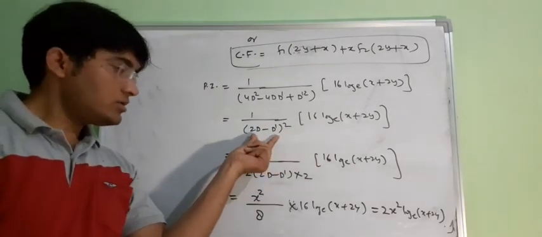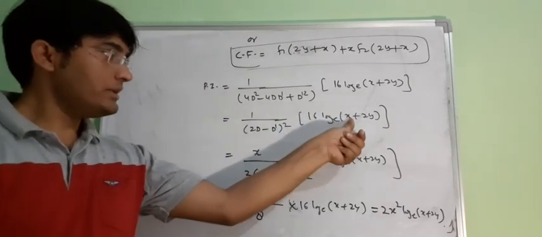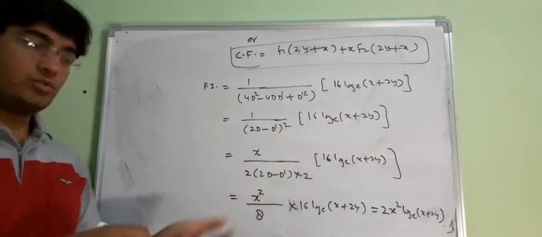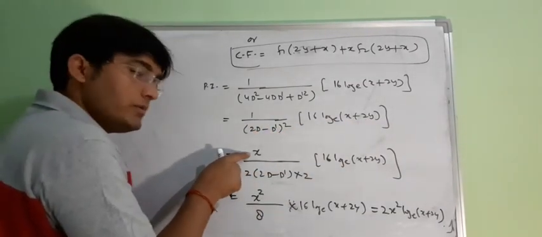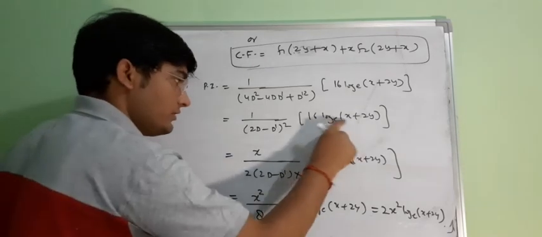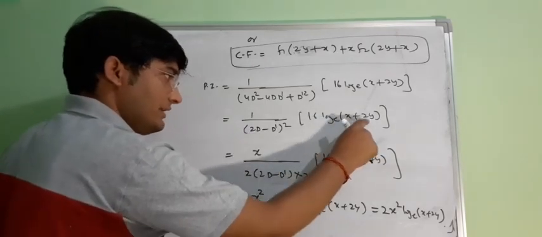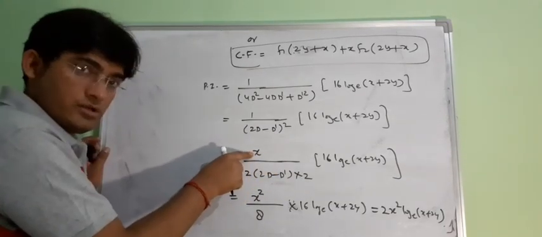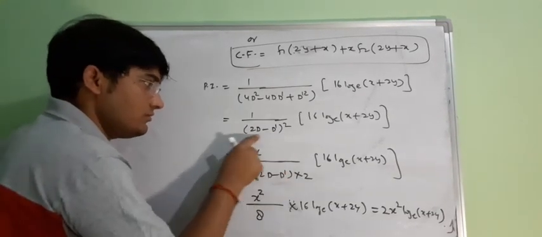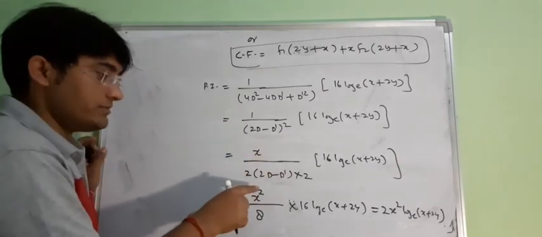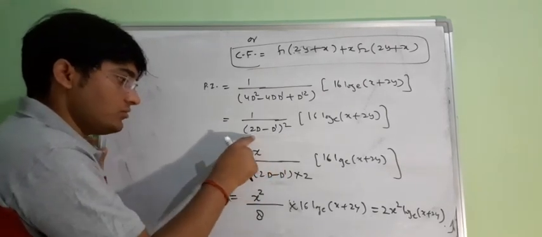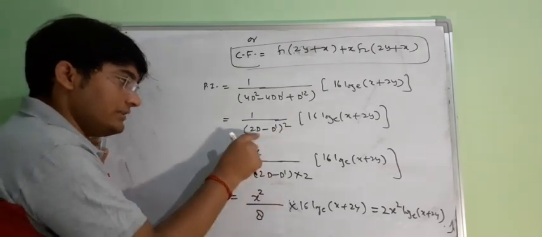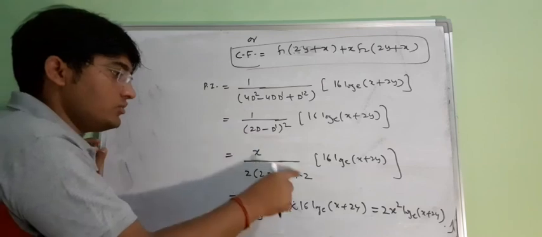And this term is 0 when we replace D by 1 and D' by 2. As this is 0, we will write x in the numerator and differentiate the denominator with respect to D. The differentiation will be 2(2D − D'), and then with respect to D again a 2.